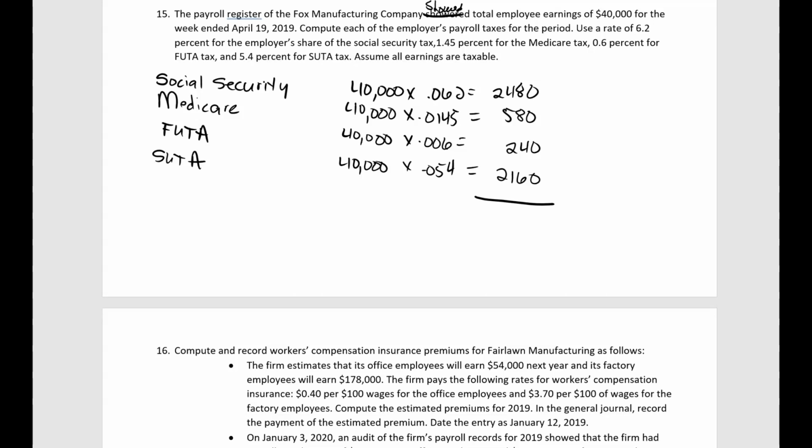I'm just adding them up really quick. The total is $54.60.